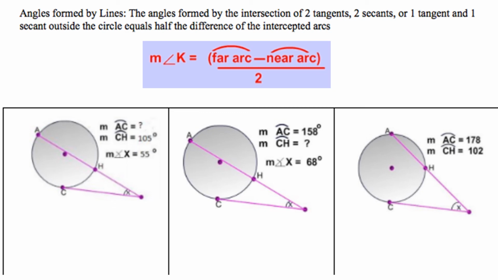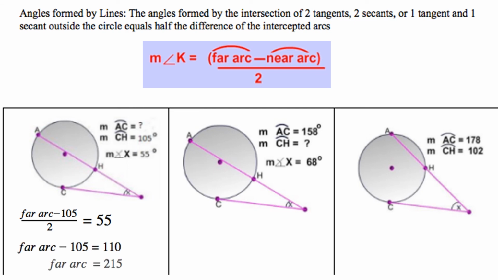So our equation is going to look like the far arc minus 105 over 2 equals 55. So to solve for that far arc, we would need to multiply both sides by 2 and then add 105 so that our far arc has an angle measure of 215.